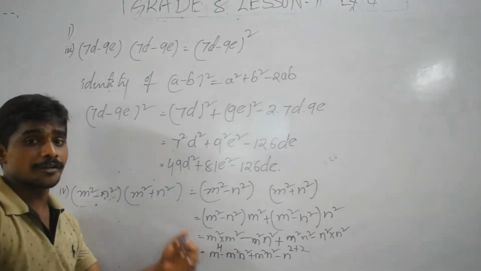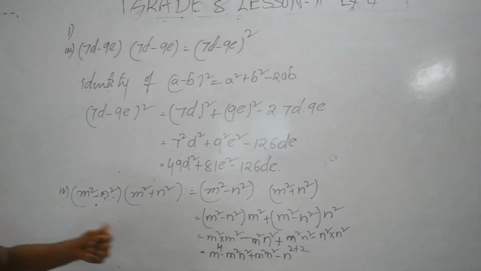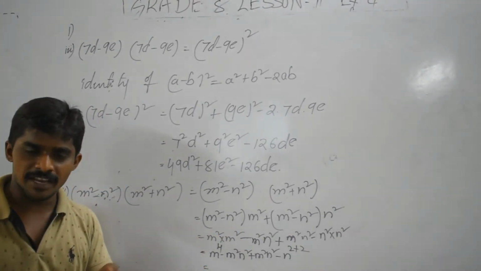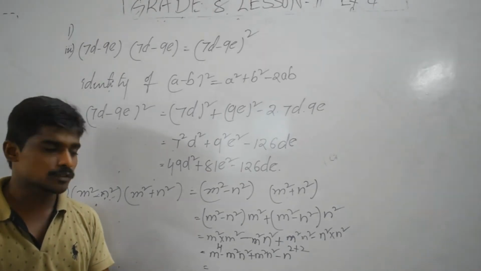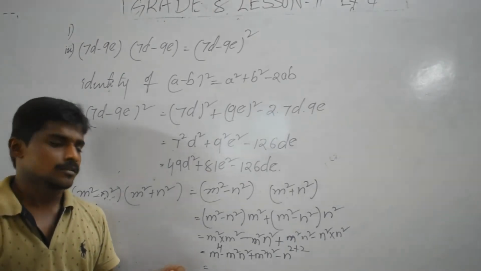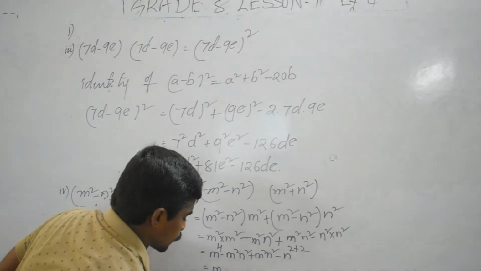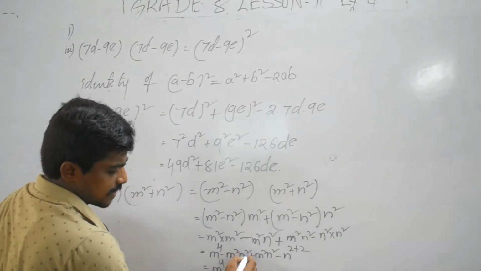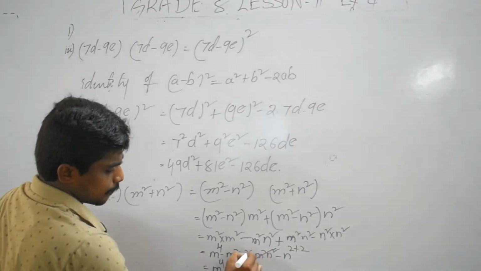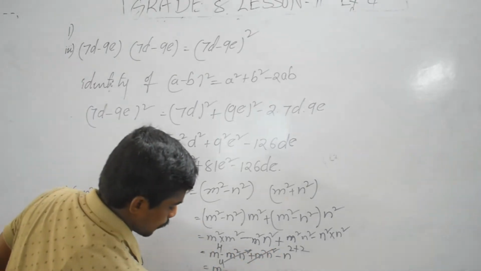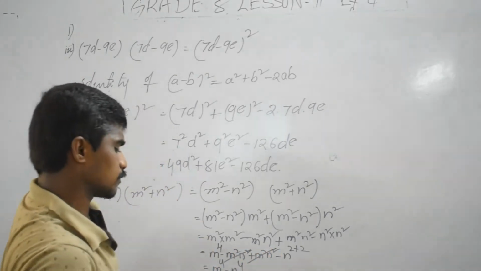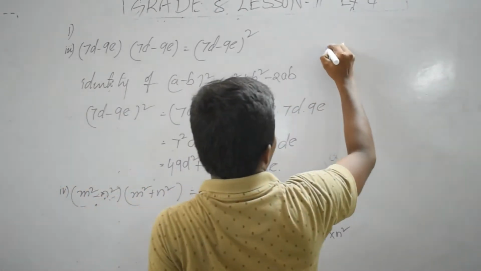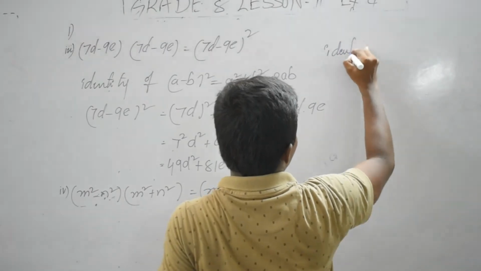This is the exponents lesson, one lesson connected to the other. So m power 4, minus m square plus m square, both are cancelled. So this is which identity?